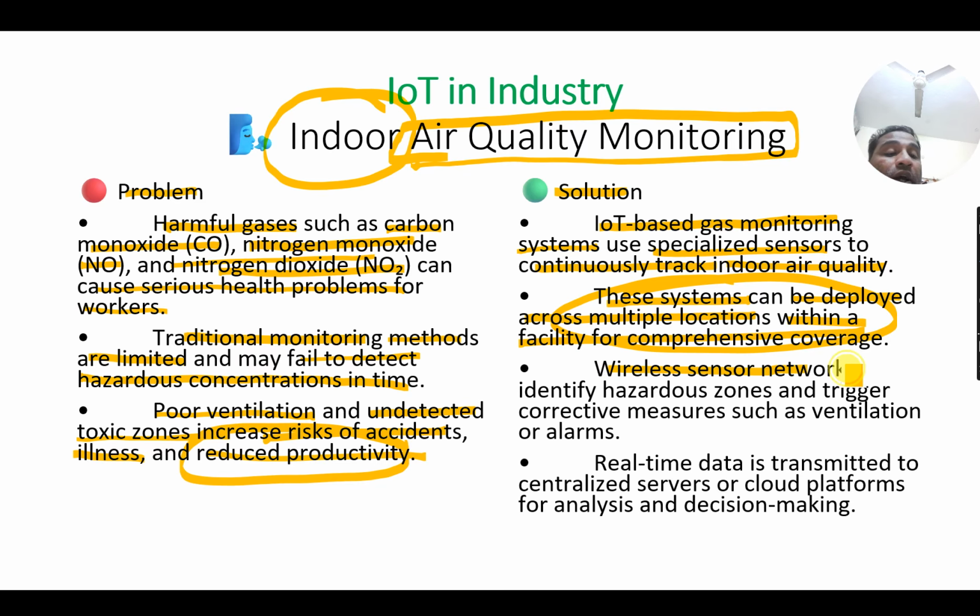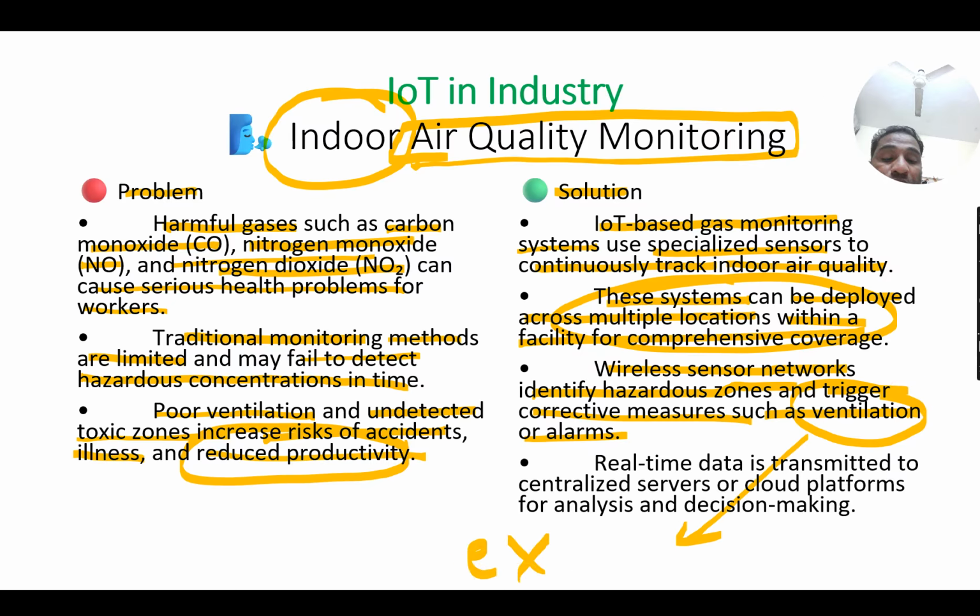Now wireless sensor networks identify hazardous zones and trigger corrective measures such as ventilation or alarm. Okay, so this system will identify the hazardous zones where the gas is accumulating, where the gases are leaking, and trigger measures. Which are those corrective measures? Either I will go for proper ventilation.